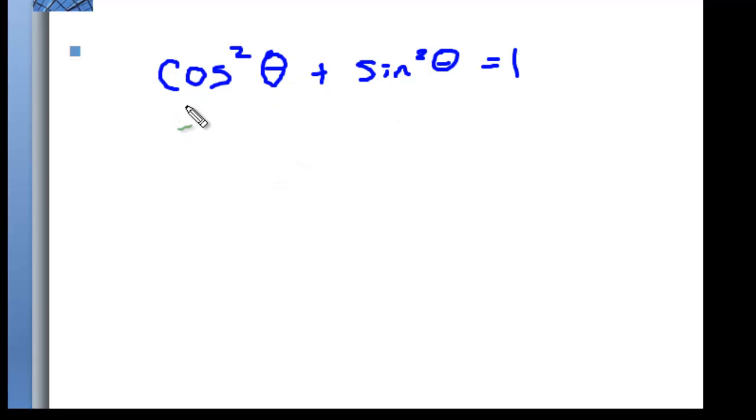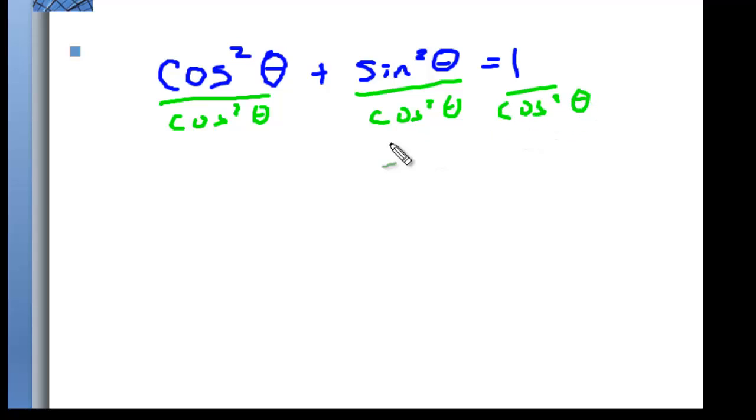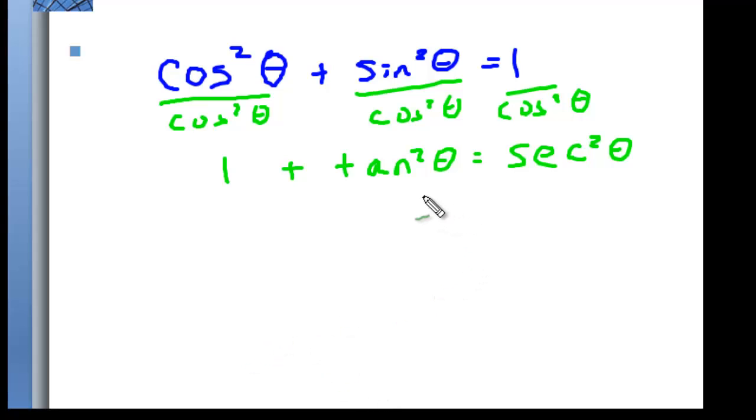If we divide everything in this equation by cosine squared theta, we would get cosine squared divided by cosine squared is 1, plus sine squared theta over cosine squared theta is tan squared of theta, and 1 over cosine squared is going to be secant squared. So 1 plus tangent squared equals secant squared theta.